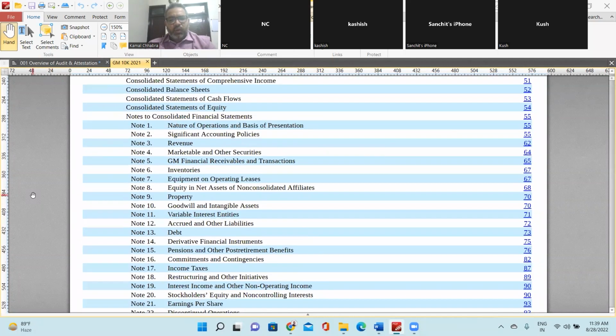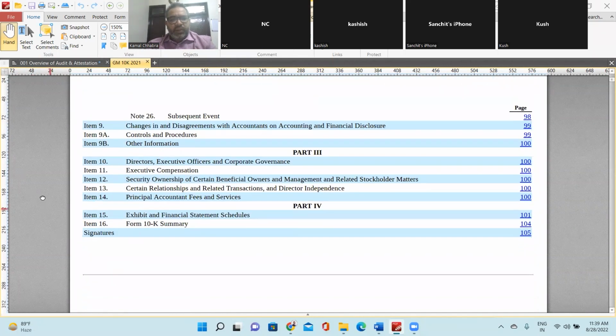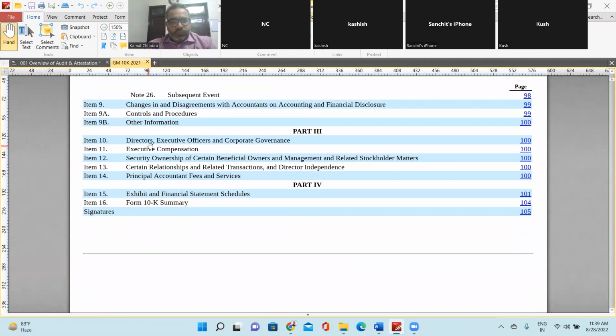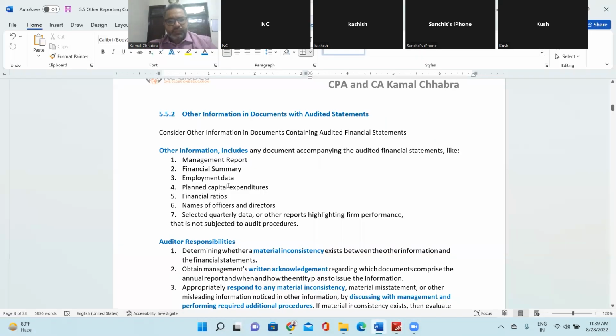These all are called other information along with the financial statements, like directors, executive officers and corporate governance report, executive compensation. These all are called other information or supplementary information. Make sense? Yes, sir.